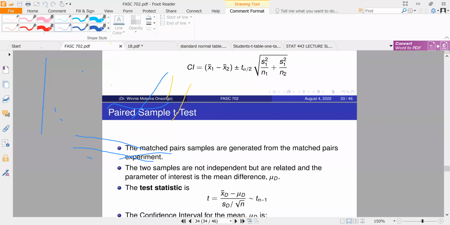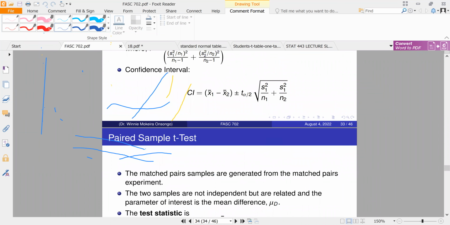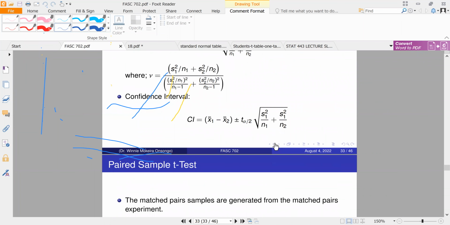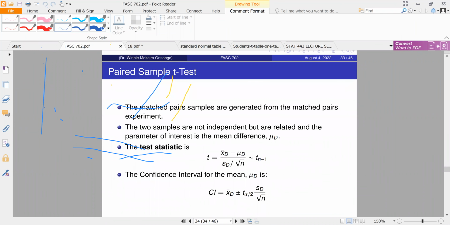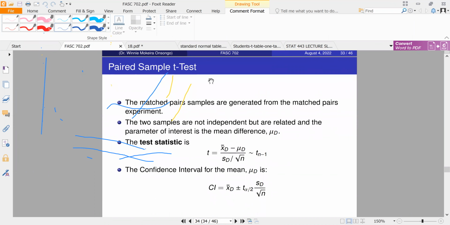Now, the same thing can be done for paired samples, because you can have scenarios where you are pairing samples. If you have samples that you are pairing, then the test statistic for the paired samples is equal to that.